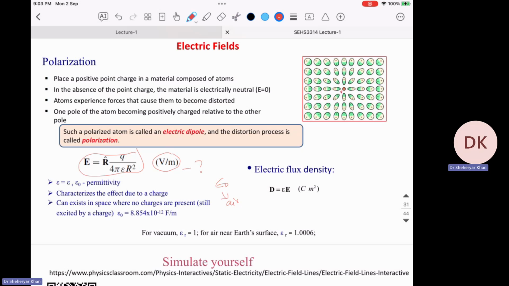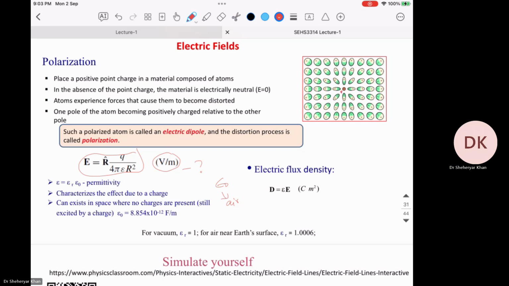So air near the earth surface is much better. That's more related to the humidity side. And then let's say if you have other things other than the air, it's going to be 0.9, 0.8, 0.7. It's going to decrease.